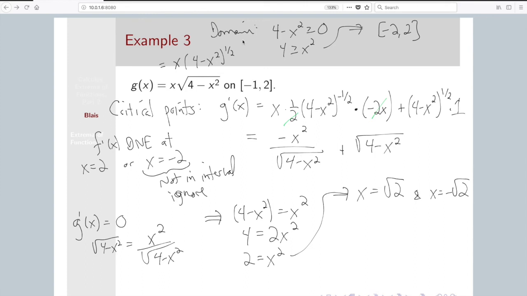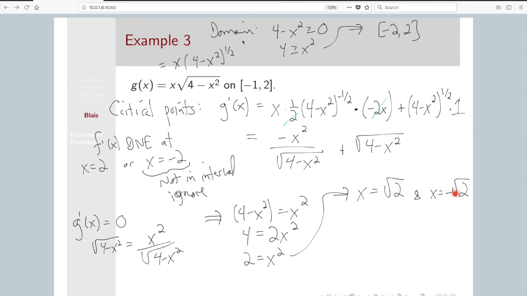So we note that we now have 3 critical points. X equals root 2, x equals minus root 2.